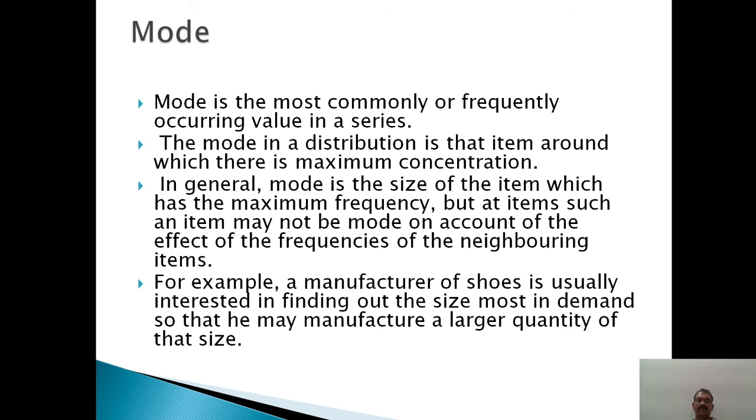For example, a manufacturer of shoes is usually interested in finding out the size most in demand so that he may manufacture a larger quantity of that size. So the most frequently demanded shoe size we have to find out. Here mode is a very useful tool.